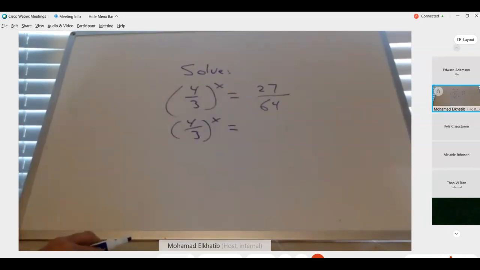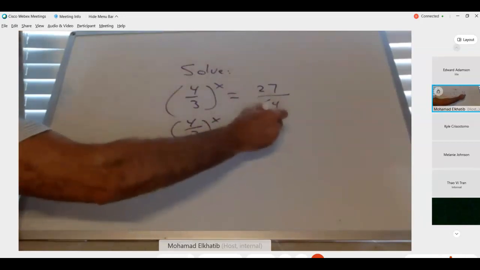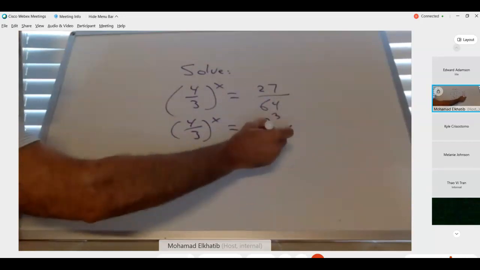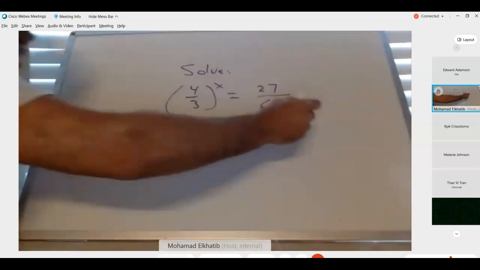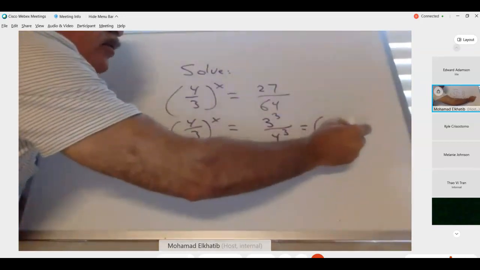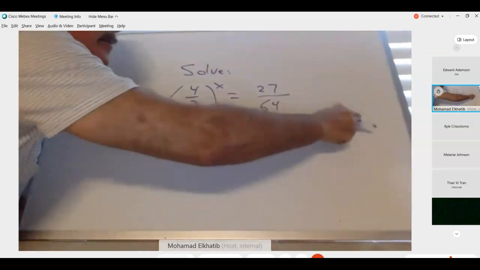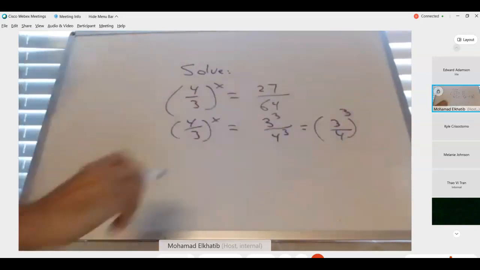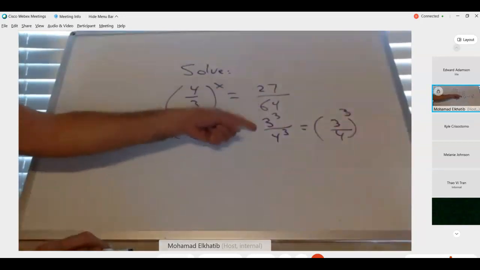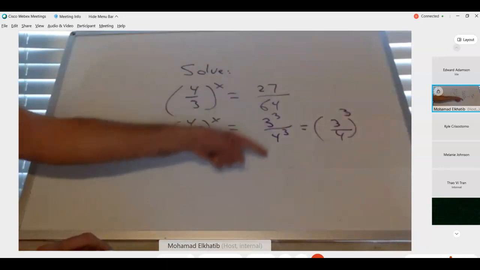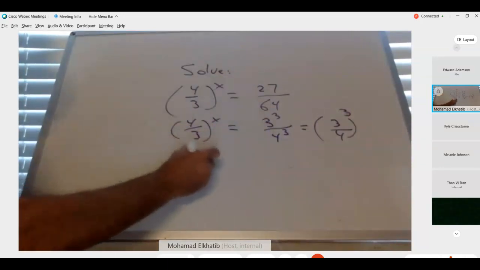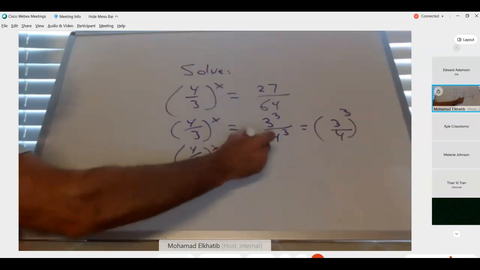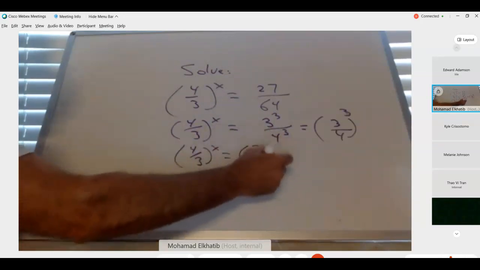Okay, I can write 27 as 3 to the power 3. 64 is 4 to the power 3. Or I can write both of them as 3 over 4 to the power 3. Why? Because 3 times 3 times 3 is 27, and 4 times 4 times 4 is 64. So I'm going to end up getting 4 over 3 to the power x equals 3 over 4 to the power 3.